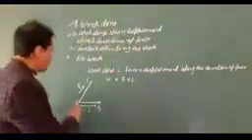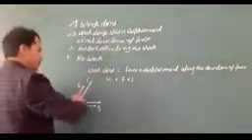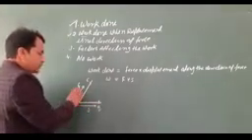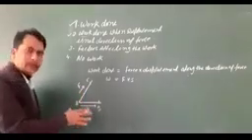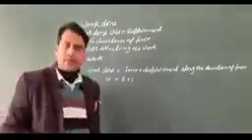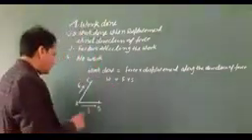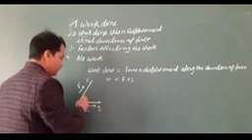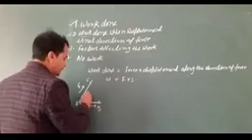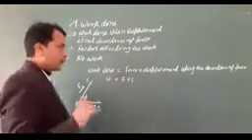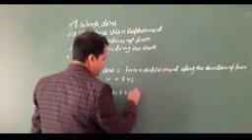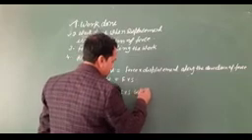In this condition, force acts along AC and the displacement is along AB, so force and displacement are not in the same direction. Suppose the angle between force and displacement is theta. So we can write work done W equal to F into S cos theta.